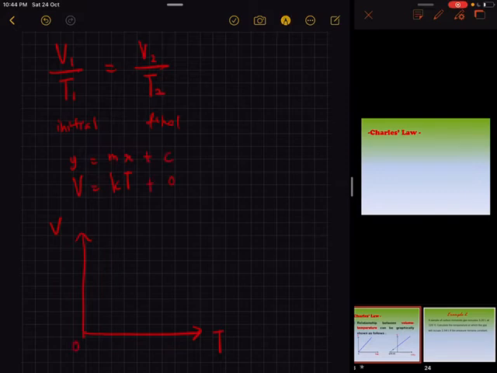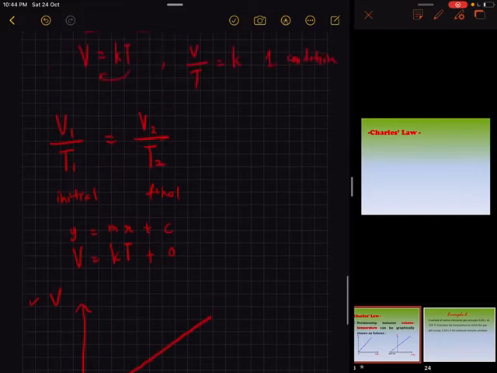The y-axis is the volume, the x-axis is temperature, and K is the gradient. So your graph will start from 0.